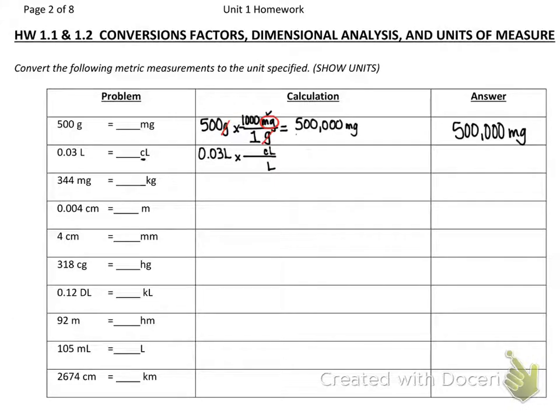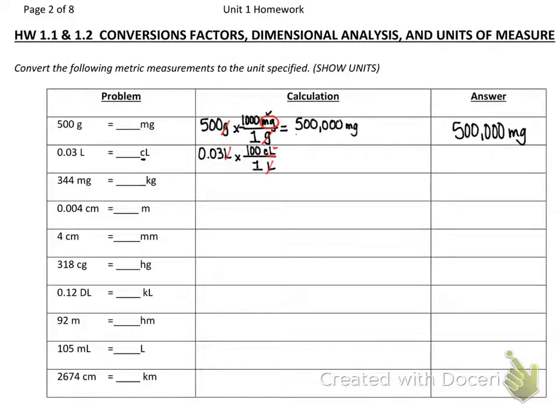Remember, liters is your basic unit. It can be centimeters, centiliters, centigrams, okay, and that's going to be the same. So that means that we have 100 centiliters are equal to 1 liter. I can now cancel out my liters. Am I happy with centiliters? Yes, I am.